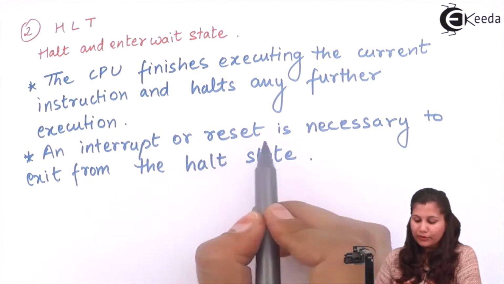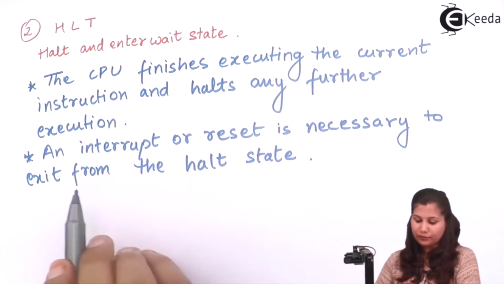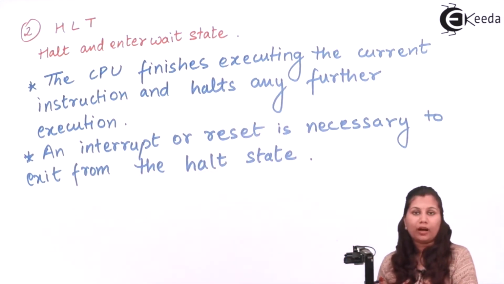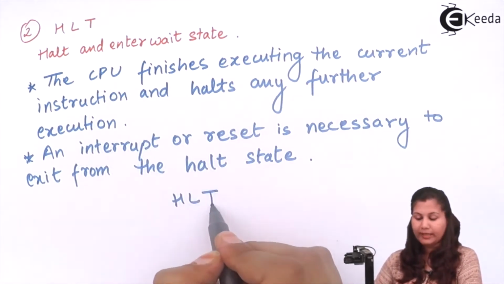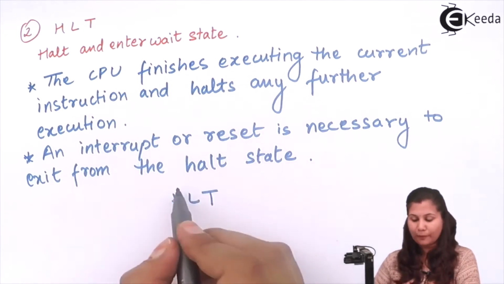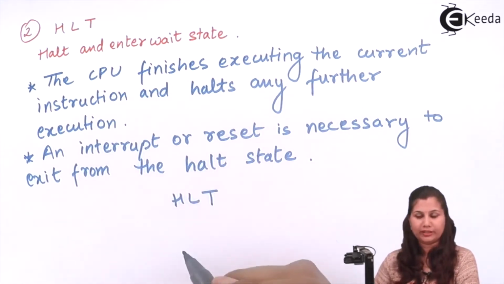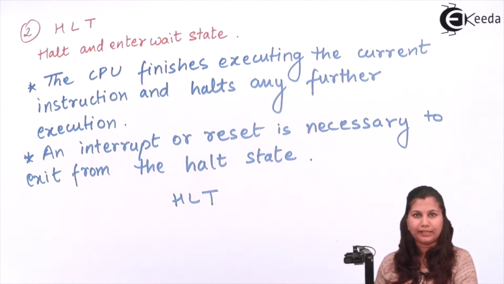An interrupt or reset is necessary to exit from the halt state. Now, if HLT is written in the program, then the microprocessor will stop the execution of any further instruction written after HLT.